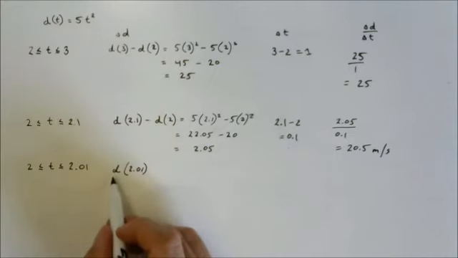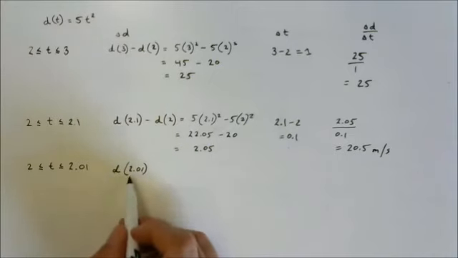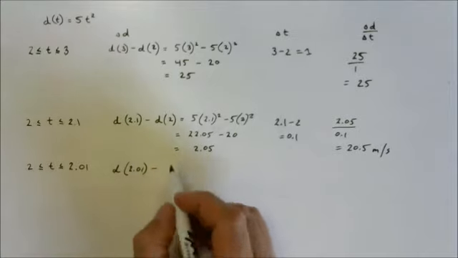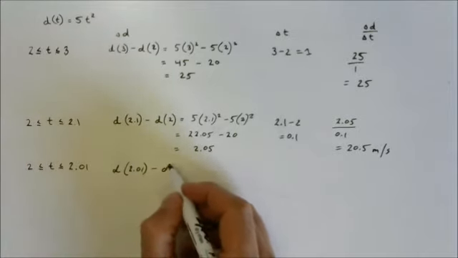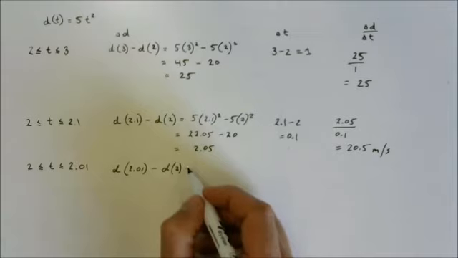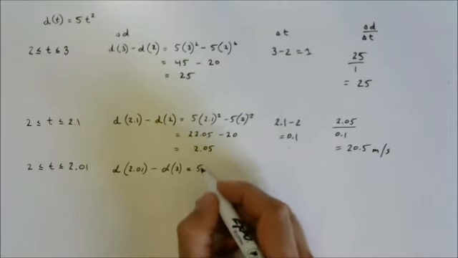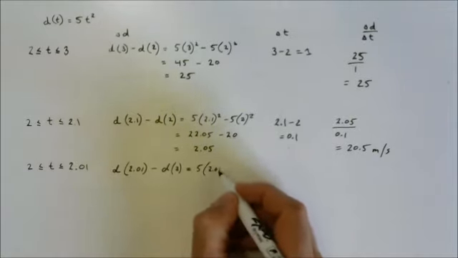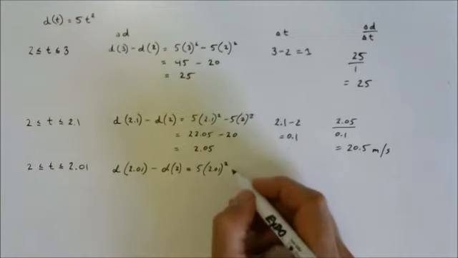So this time we're finding the distance traveled at 2.01 seconds and the difference between that and the distance having been traveled after 2 seconds. So we sub into our equation 2.01 everywhere we see t.